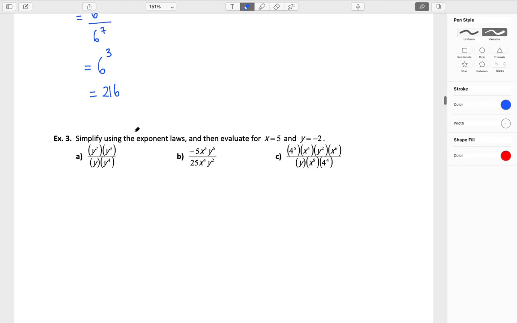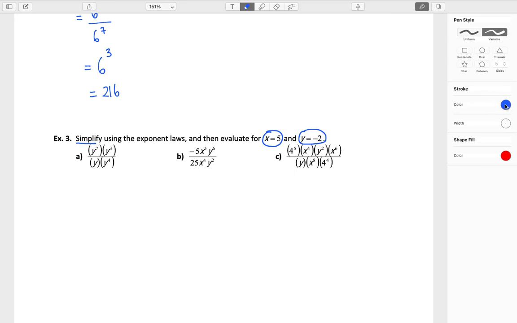Now, the next type of question is you are simplifying using the exponent law, but then you're going to evaluate by plugging in x as 5 and y as -2. So let's try letter B. So if you look at letter B, I can simplify.